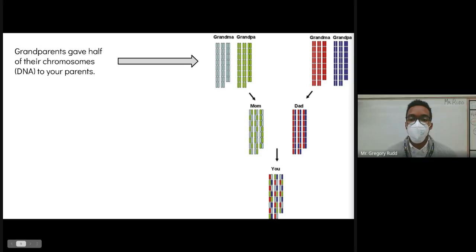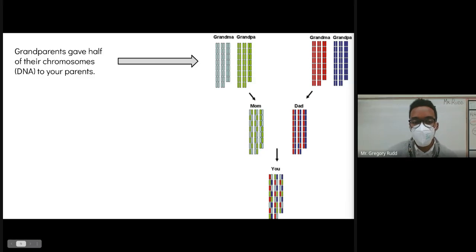Obviously, we all have 2 biological parents. And obviously, those 2 people also have 2 biological parents. So your grandparents gave half of their chromosomes to your parents. And we can see it really represented here with colors. Mom gets a little bit of her mother's DNA and a little bit of her father's DNA.